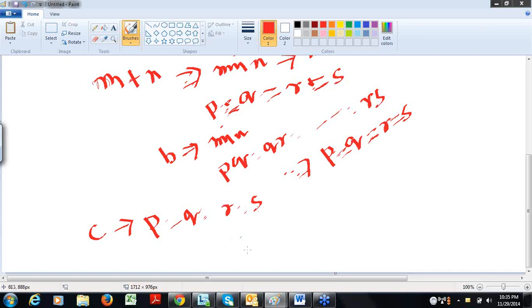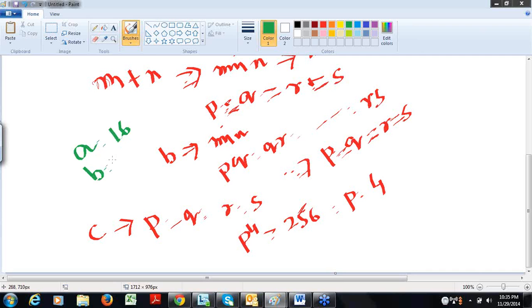So, which implies P to the power 4 is equal to 256, or P is equal to 4. Now, if P is equal to 4, then you can calculate the value of A, B and C. A will be 4 times 4, that means A will be 16.